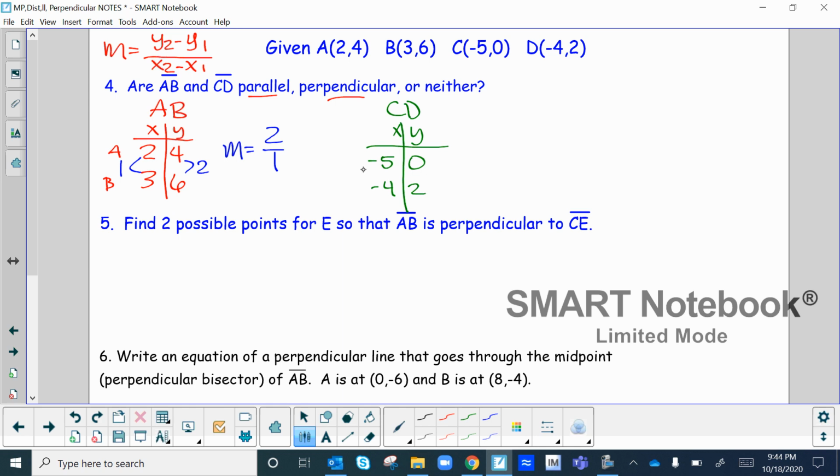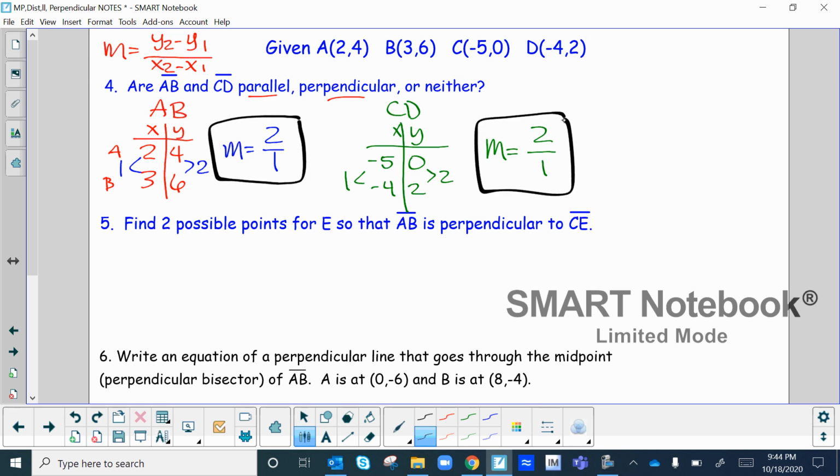So what does this change by? This changes by up 1, and this one goes up 2. And so remember, it's the change in y over the change in x. So y is over here, so 2 over 1. And they're both positive. So let's take a look at that right there. So the slope of AB was 2 over 1. The slope of CD was 2 over 1.